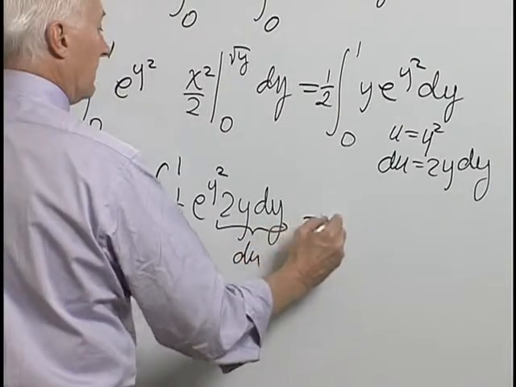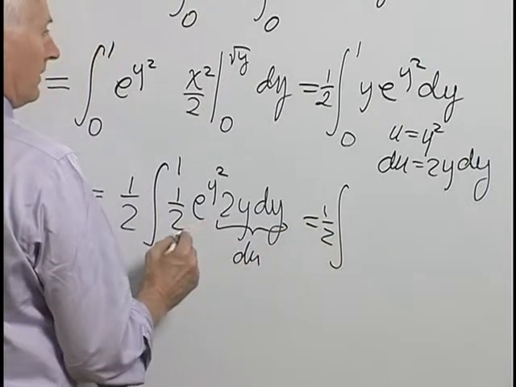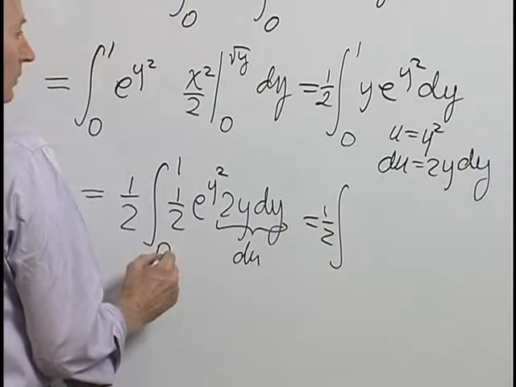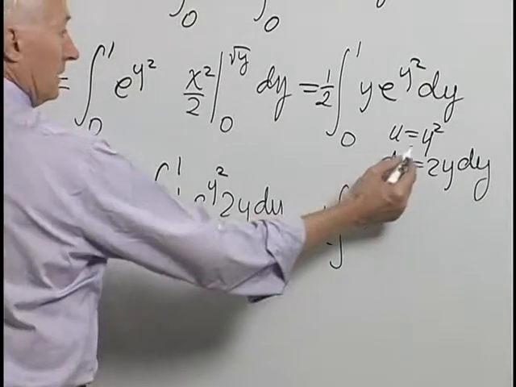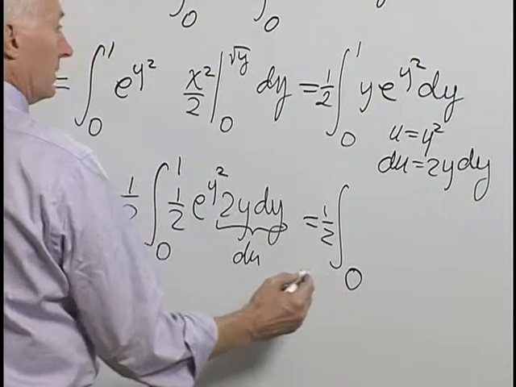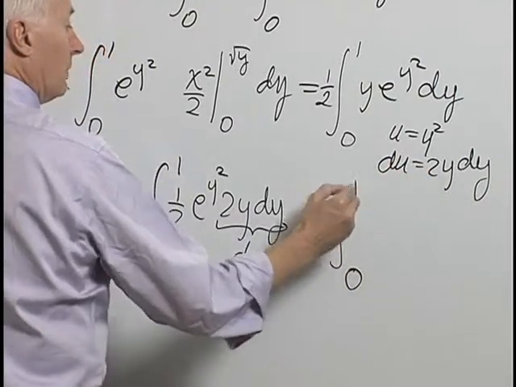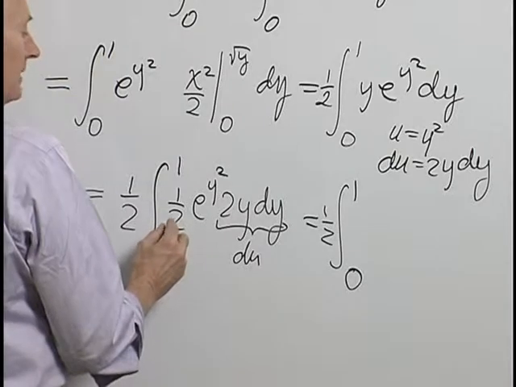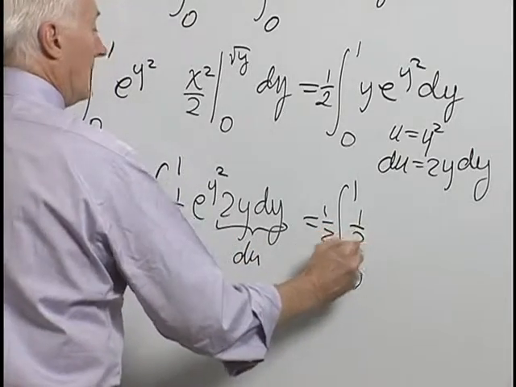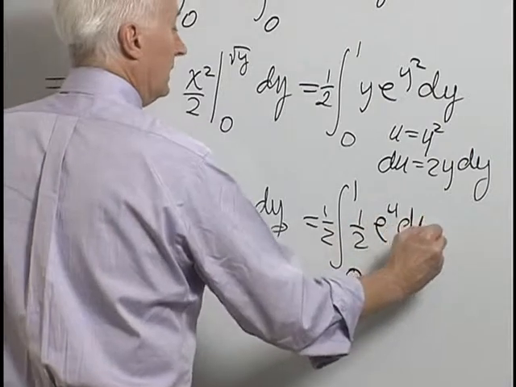And so this becomes an integral; what do we have on our limits? When y is 0, u is 0, so our lower limit is still 0. And when y is 1, 1 squared is 1, so our upper limit is still 1. Inside here we have 1/2 e to the u du.